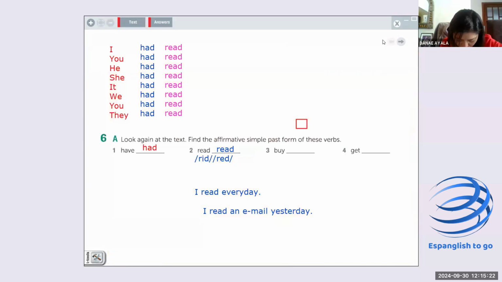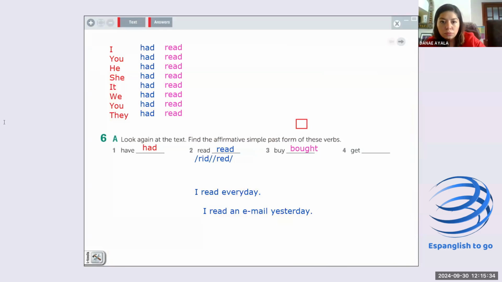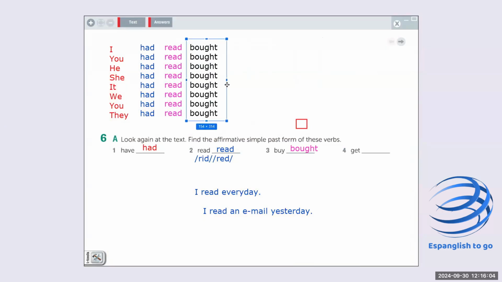I bought. Very good. So the past form of buy is bought, and bought is for all the persons. No difference. So we say, I bought a house last year. I bought an ice cream this morning.